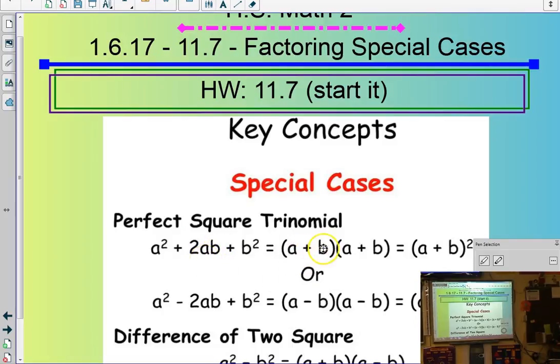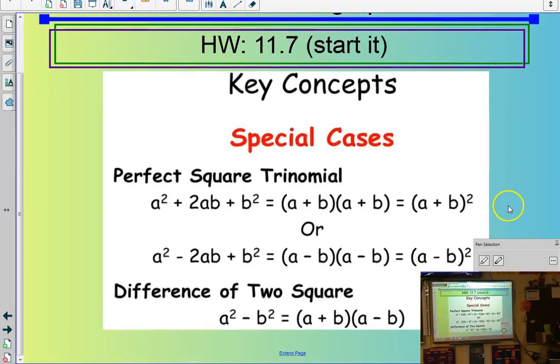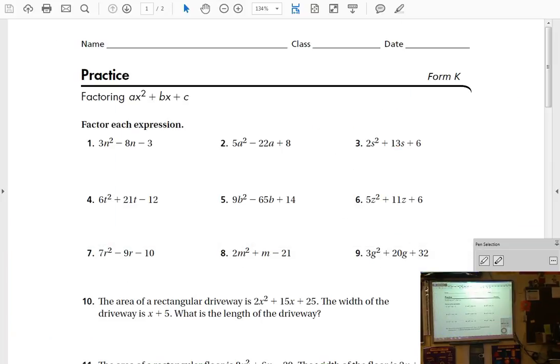That then solves out to a plus b or a minus b. They're the same binomials, and when they're the same binomials, we can just write it as a binomial squared.